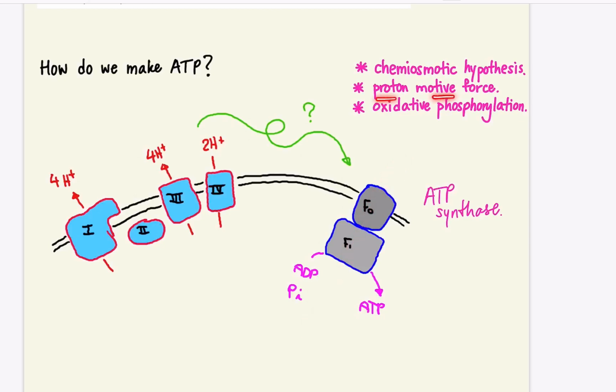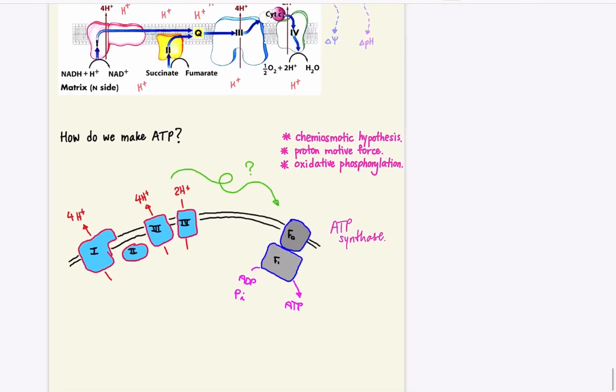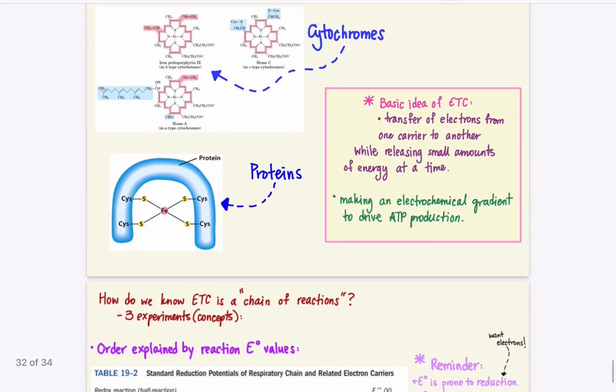Proton motive force is the motivation that protons have to move from up here to here, down their concentration gradient. And oxidative phosphorylation is how ADP gets phosphorylated into ATP. We will learn more about this week, and we will go over the details much better in the next videos.